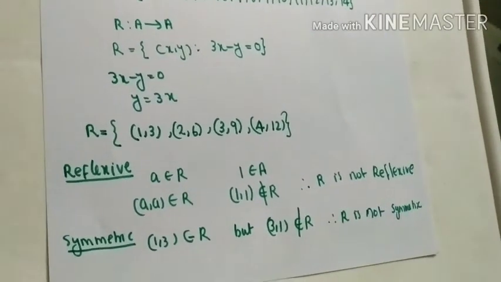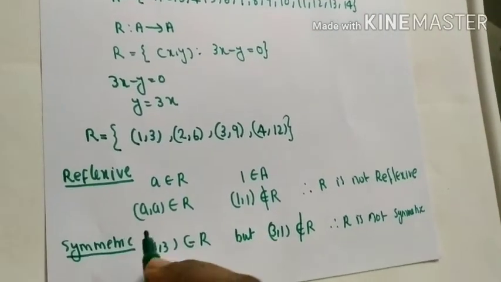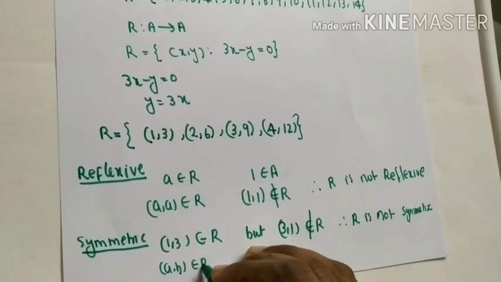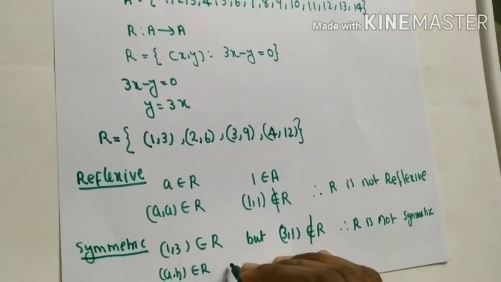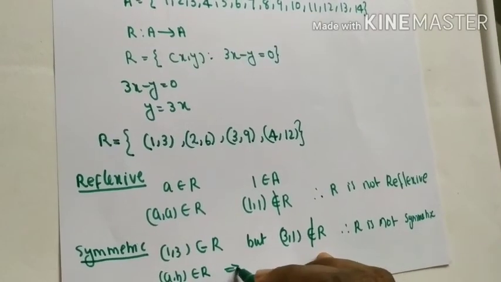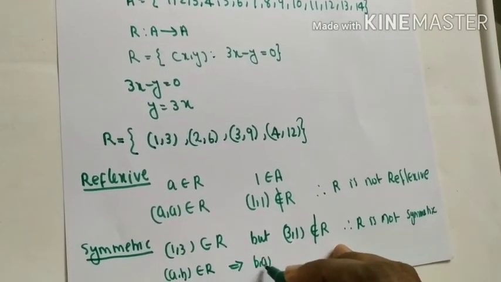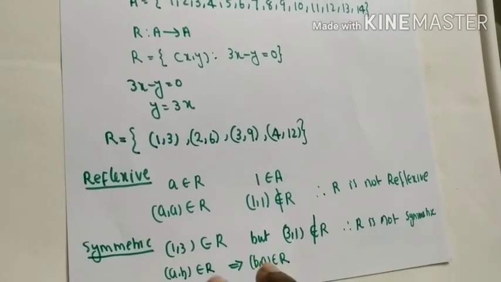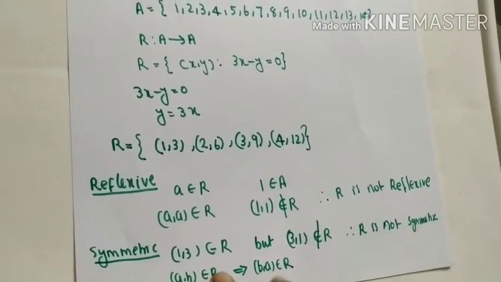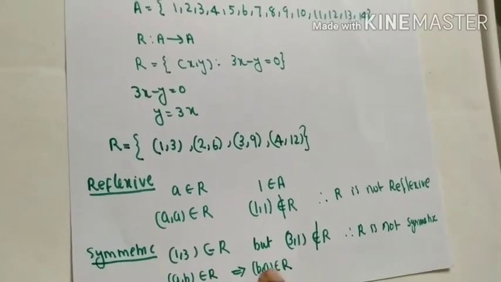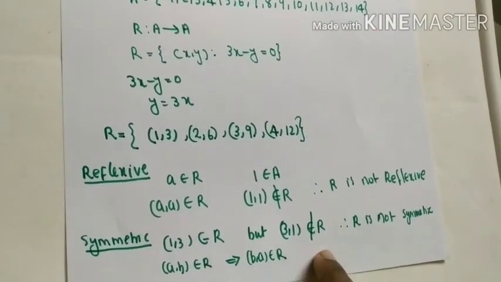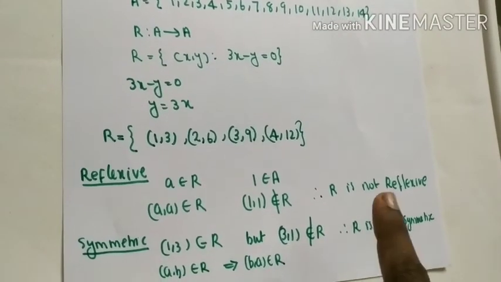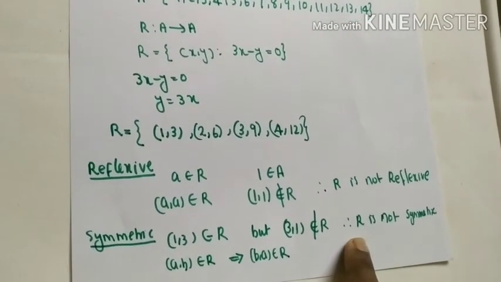We know the condition for symmetric: if (a, b) is an element of R, it implies (b, a) is also an element of R. If this condition is satisfied, we can say the given relation is symmetric, but here it violates this condition, so this is not symmetric.